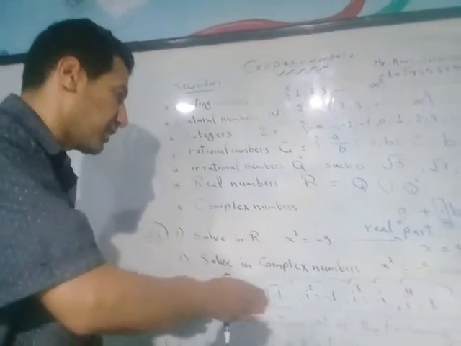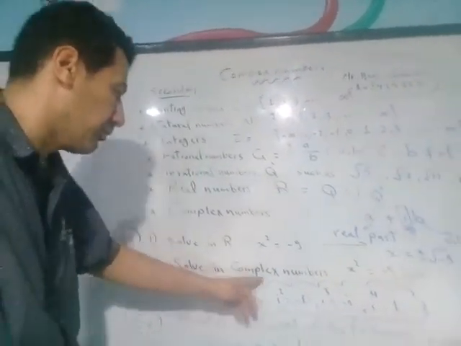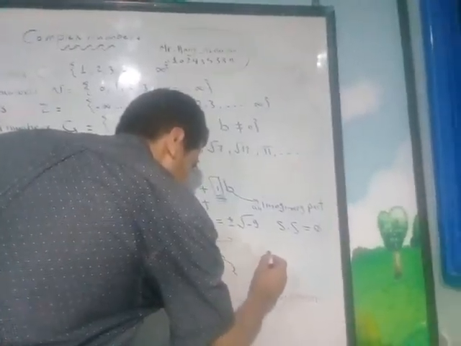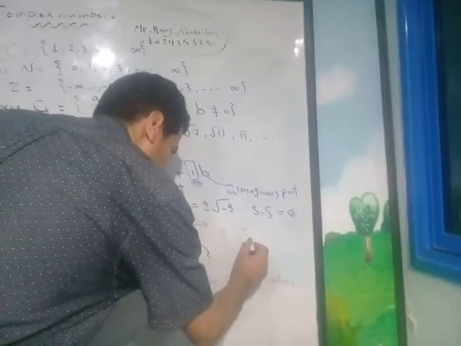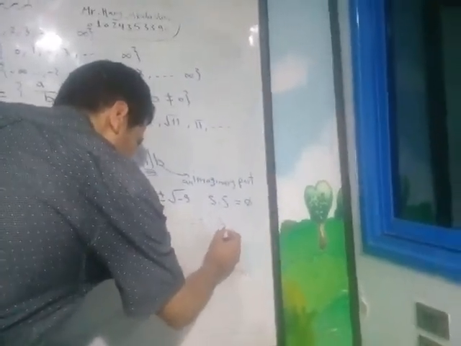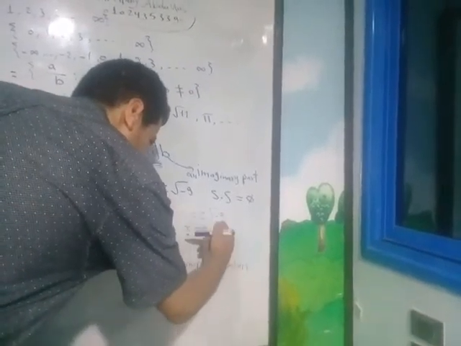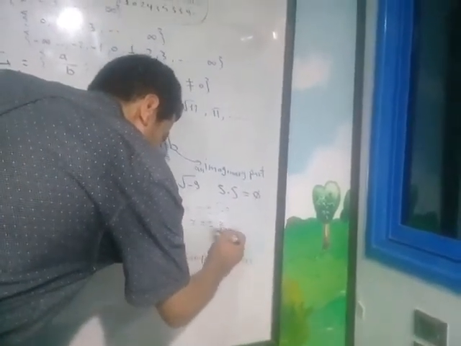But the same example, solve in complex numbers. x power of 2 equals negative 9. x equals positive or negative square root of negative 9. x equals positive or negative square root of 9, 3, and negative 1 from here, i.